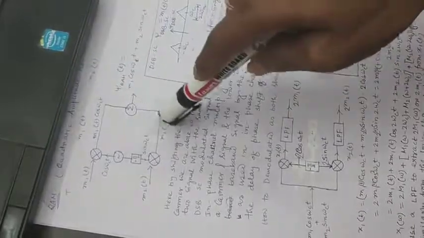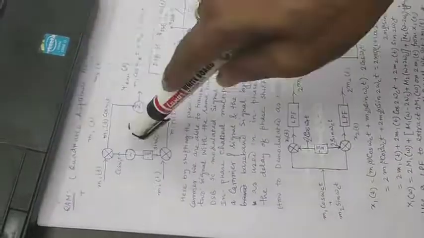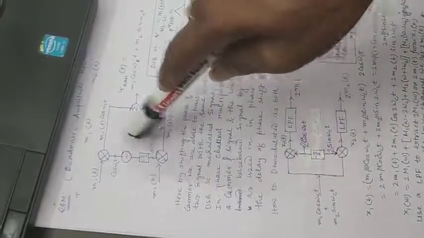Therefore, the upper portion m1 cos omega ct is known as in phase and m2 sin omega ct is known as quadrature phase. Therefore, the modulation is named quadrature amplitude modulation.